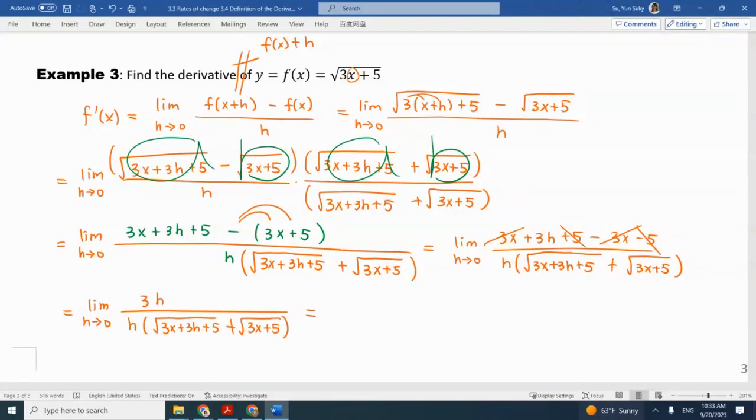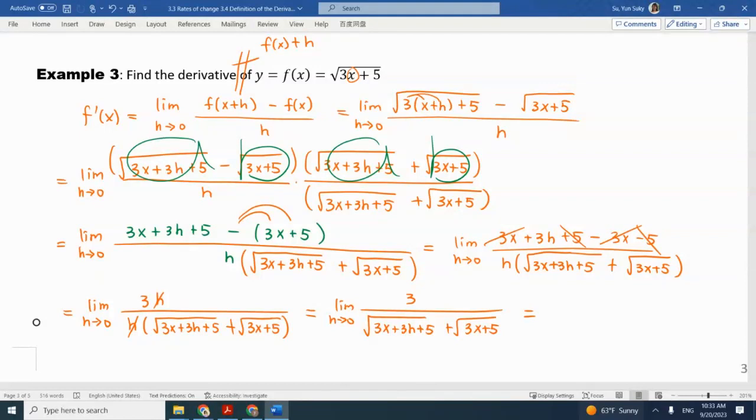Alright, do you see the bad guy? Who's the bad guy? The h. We cancel the bad guy. Then we are safe, right? We are safe now. Alright, now it's safe. We can plug in h is 0 again.